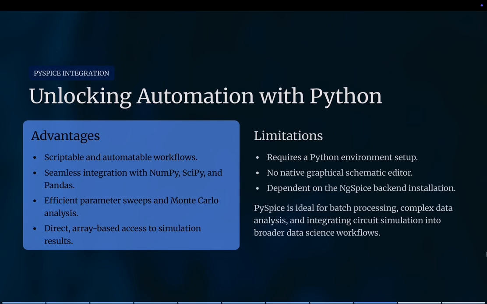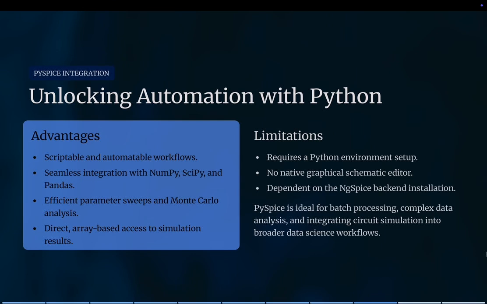PySpice has some advantages, for example, scriptable and automatable, direct integration with NumPy or Pandas, and perfect for parameter sweeps and Monte Carlo analysis, and results immediately available as arrays. It also has some limitations. For example, it requires Python environment setup, has no graphical schematic editor, and it still depends on the Ngspice backend.